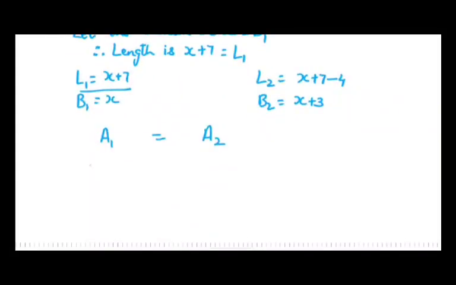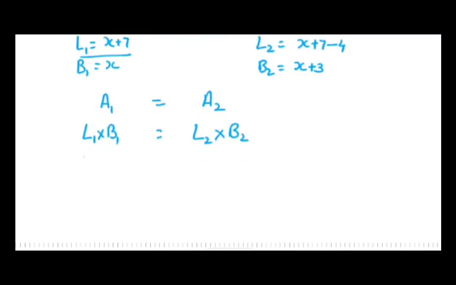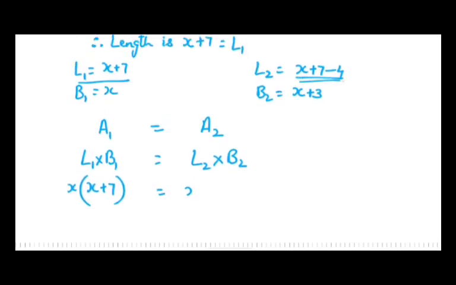What are the dimensions of rectangle 1? Length into breadth, correct? Substitute. What is my length? x plus 7, the whole thing into the breadth, which is x. Okay, what is my length out here? x plus 7 minus 4, this can also be written as x plus 3. 7 minus 4, 3.